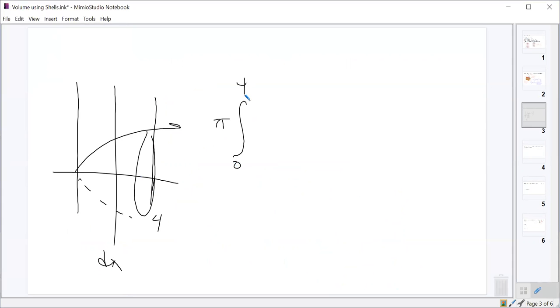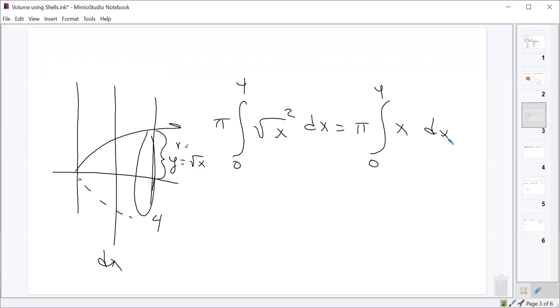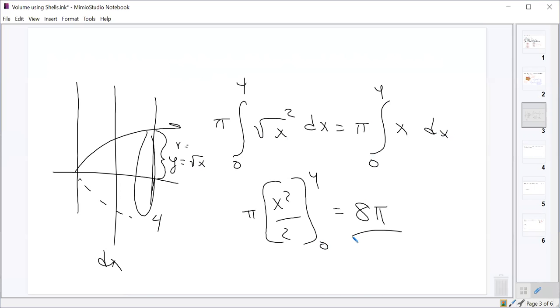What's the radius? Root x, right? So it would just be root x squared. So this actually would have been a lot easier. And note that we get x squared over 2 times pi from 0 to 4, which gives us, again, the exact same thing.